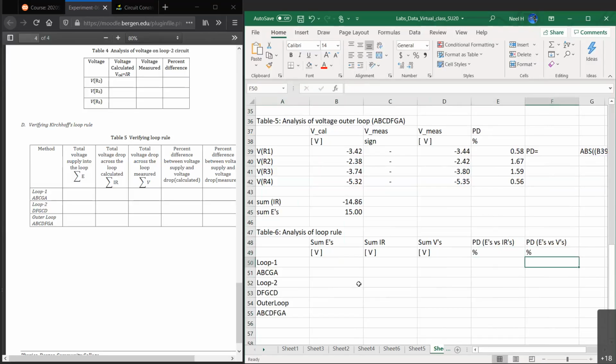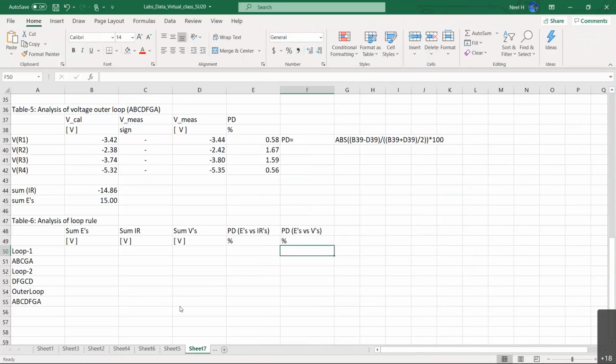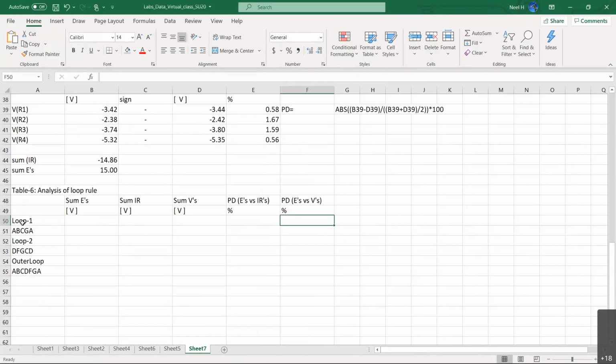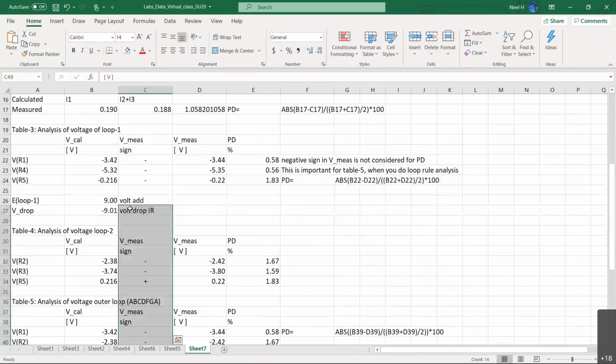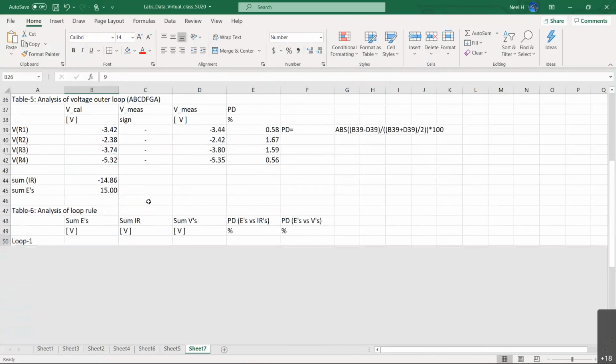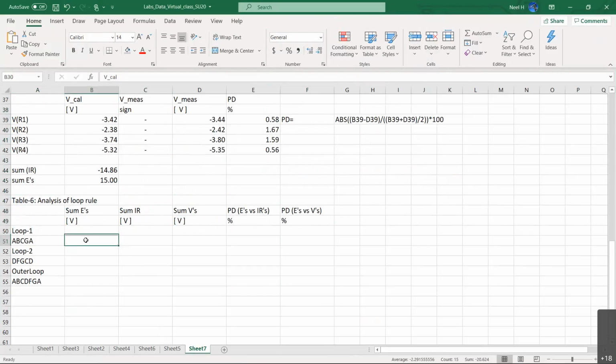Okay, so all of these calculations we can do by using the numbers already on your previous tables. Now, I need the loop number one information on our table number one right here, right? Loop number one. Voltage addition is only 9 volt. There's only one battery there, right? I have that information.